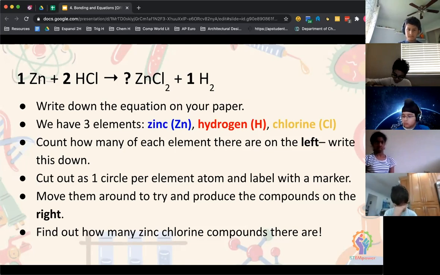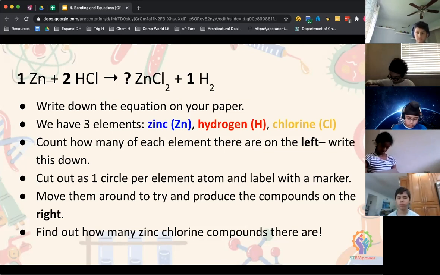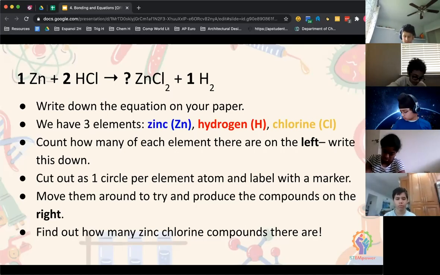And then we're going to label them. Once we have all of our circles cut out, we're going to label them with the number of atoms that we counted. Once we have them all cut out and labeled, we want to rearrange them to see how many zinc chloride compounds there are.